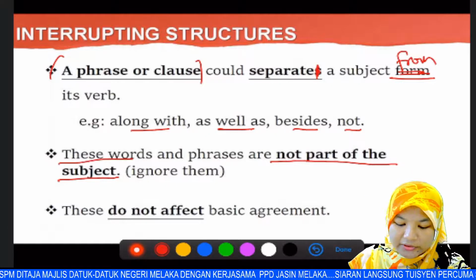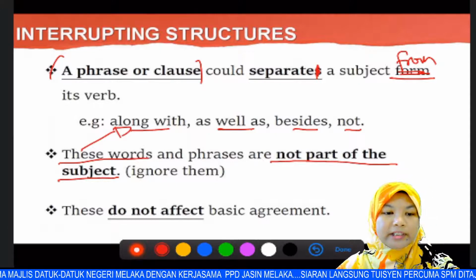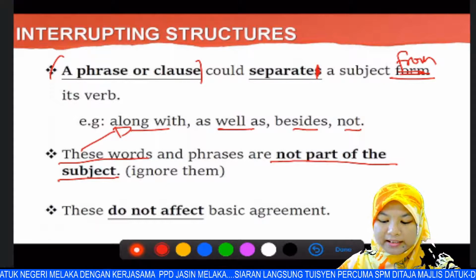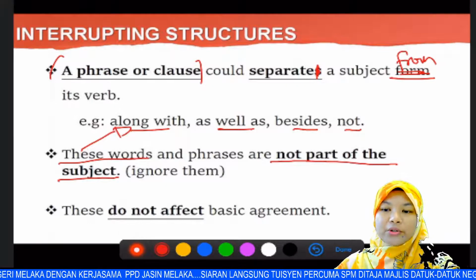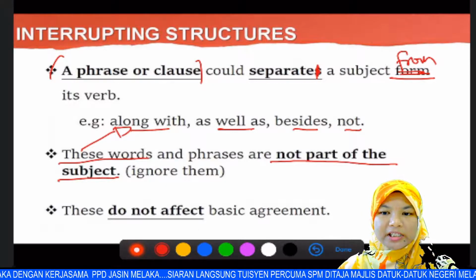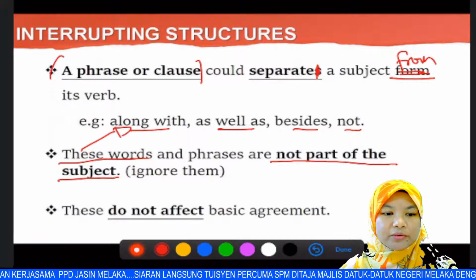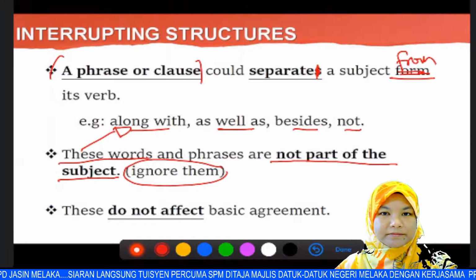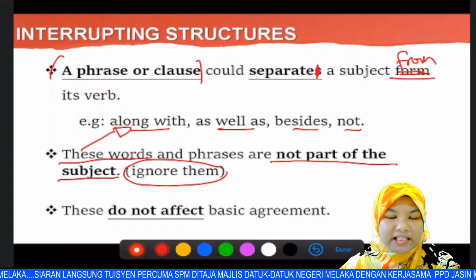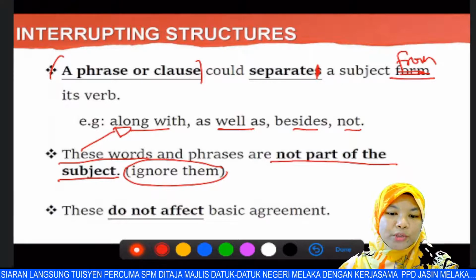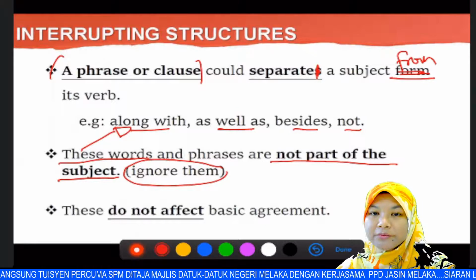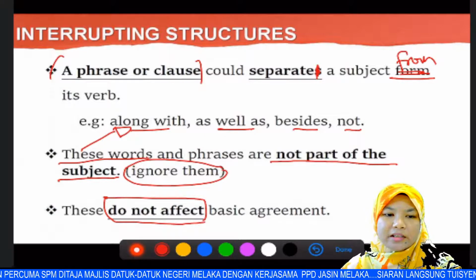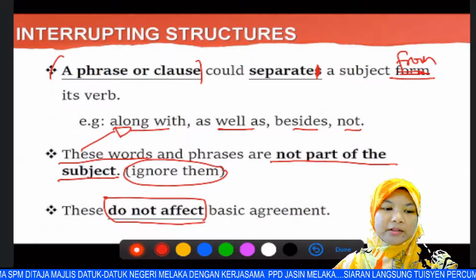These words indicate the clause or the phrase, and they are not part of the subject. So if it does not relate to any of the subject, you can simply ignore them. These words and phrases do not affect the basic agreement rule, because they are not part of the subject.